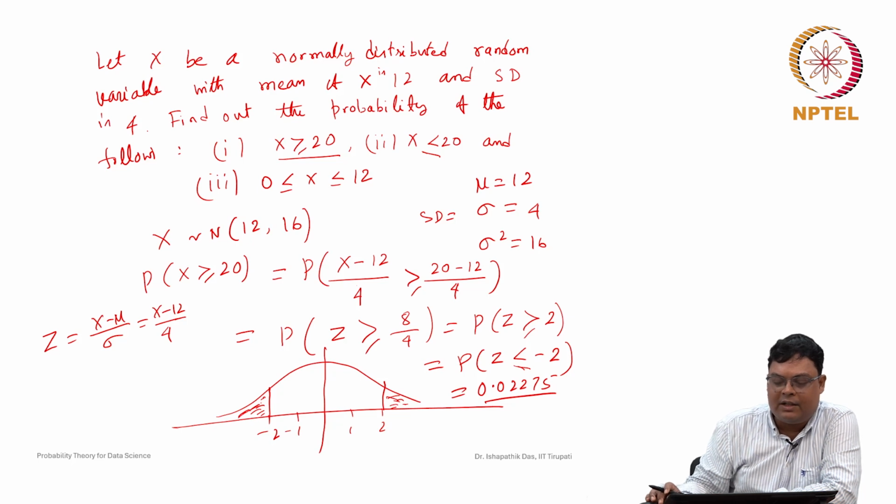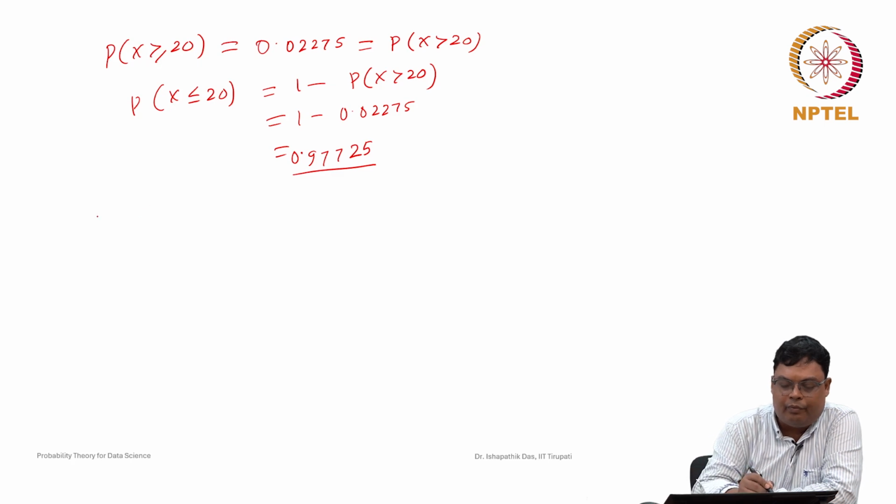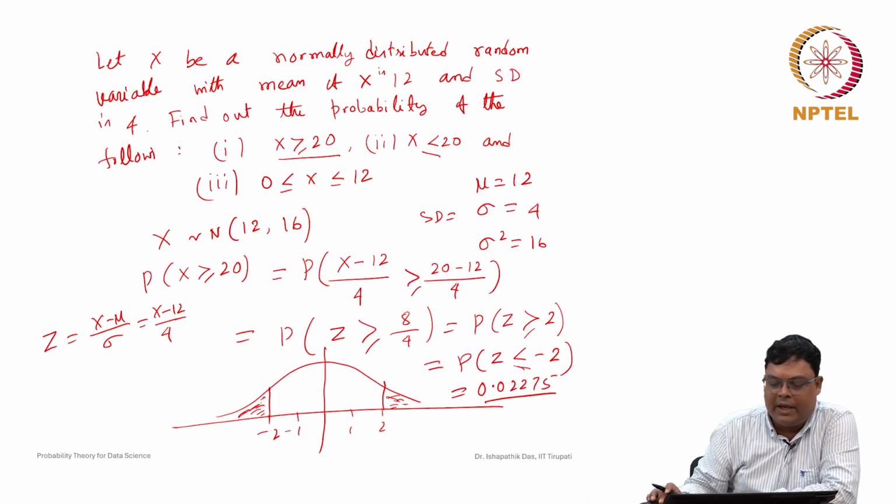Next it is asked: what is the probability that x is greater than or equal to 0 and less than or equal to 12? Again we have to take the transformation, z is (x minus 12) by 4.